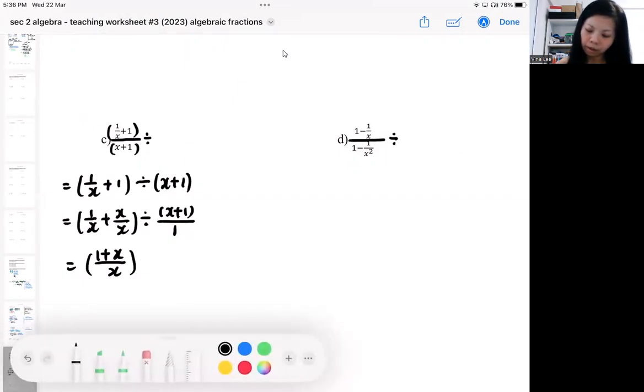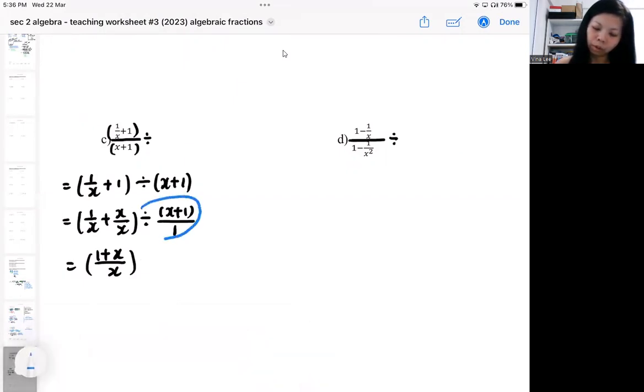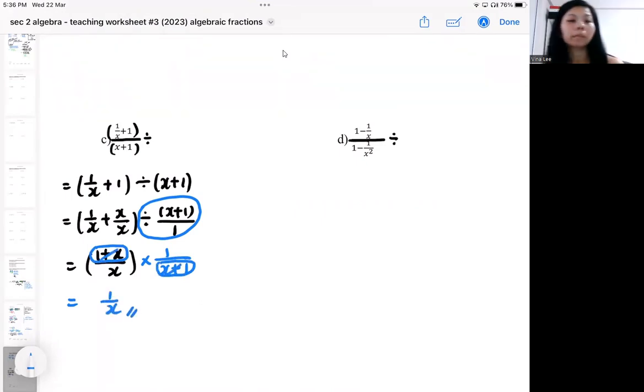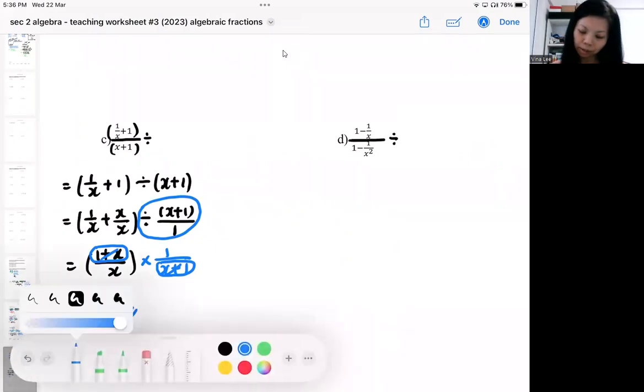And then the divide, again, I got to flip it over, do the reciprocal. And you look carefully, this is exactly the same for you to cancel. So that's it. So both questions have the same idea.